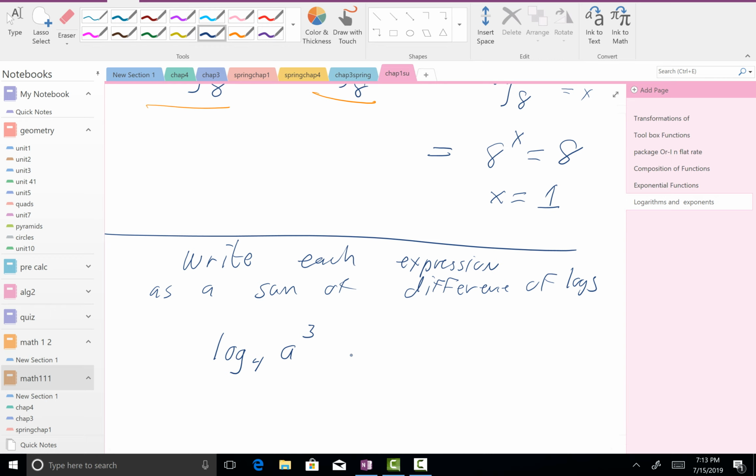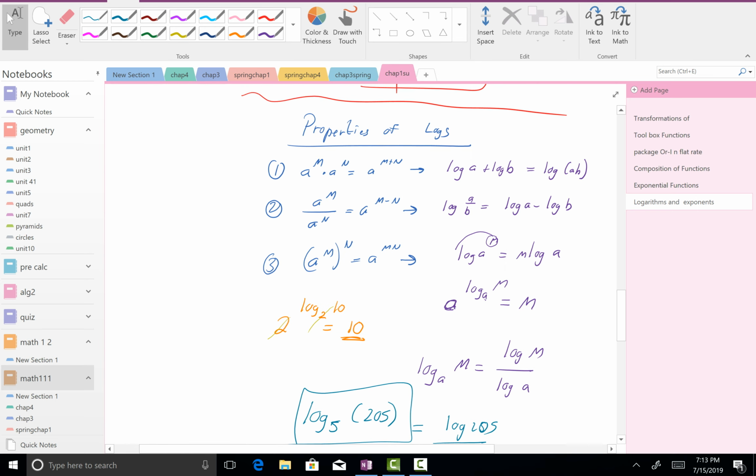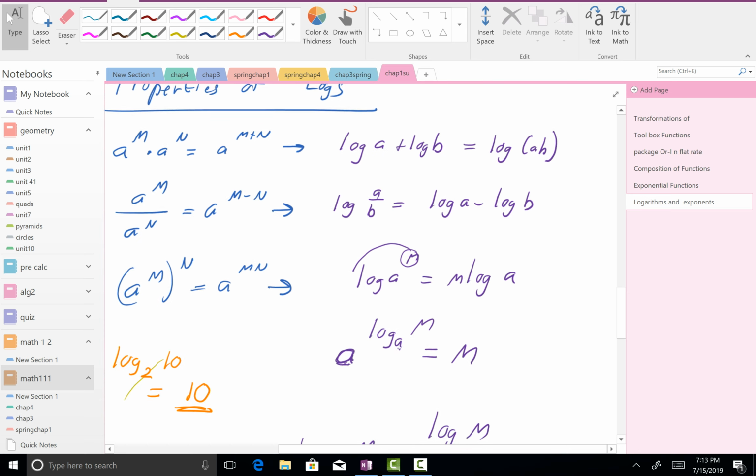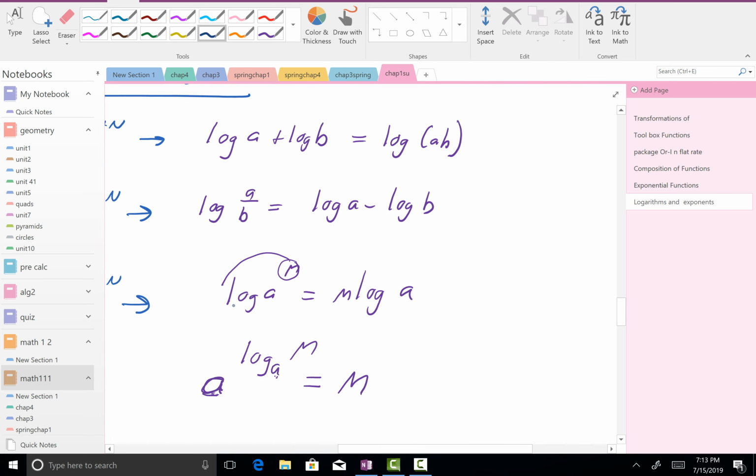Let's see what's going on there. I see that in my properties of logs, way up here, when I have a log with a power, like this m right here, it pops out in front.